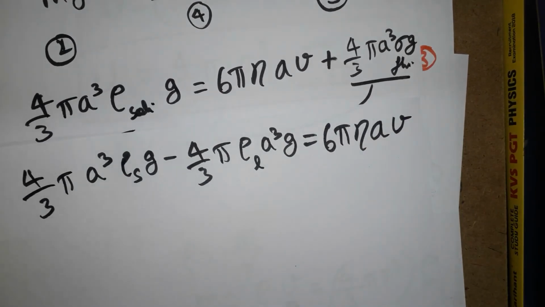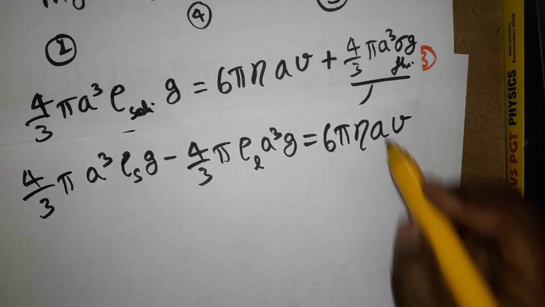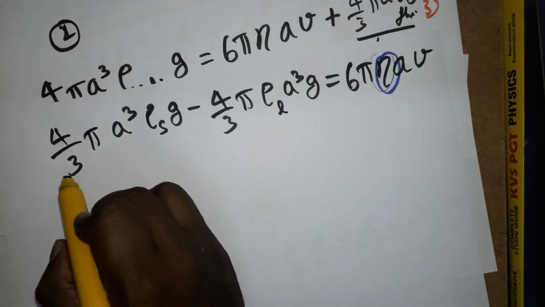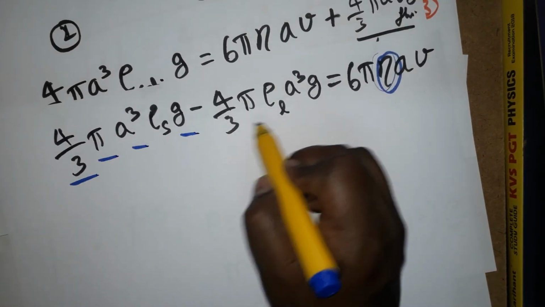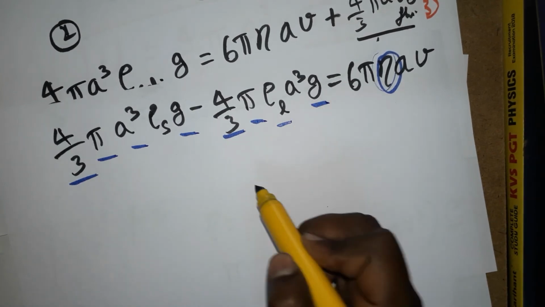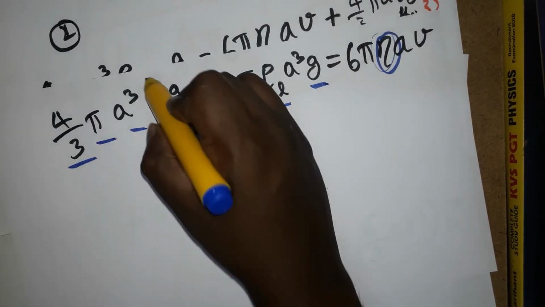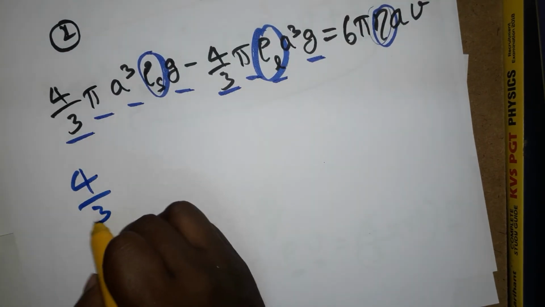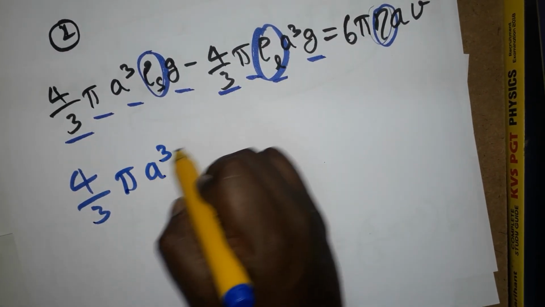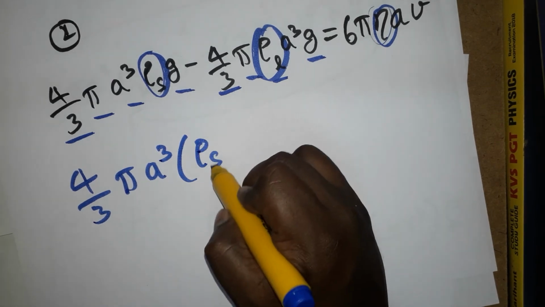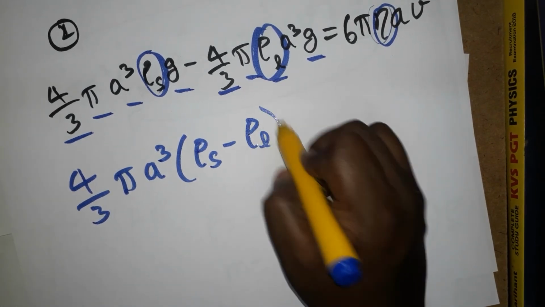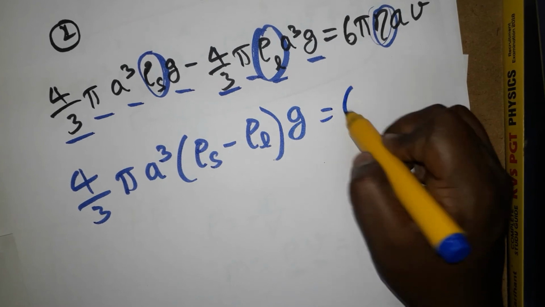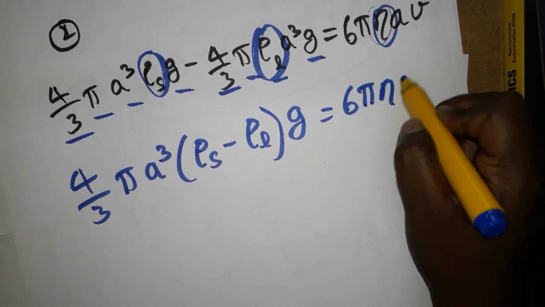We want eta, the coefficient of viscosity. Here I am taking the common terms outside; except density, everything is common. 4 by 3 pi a cube, density of the substance minus density of the liquid, into gravity, is equal to 6 pi eta a v.